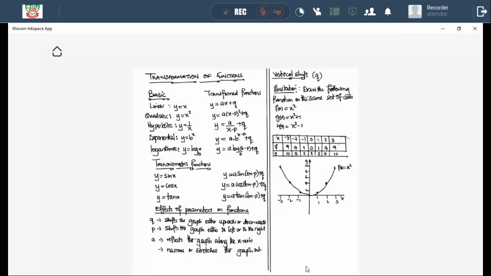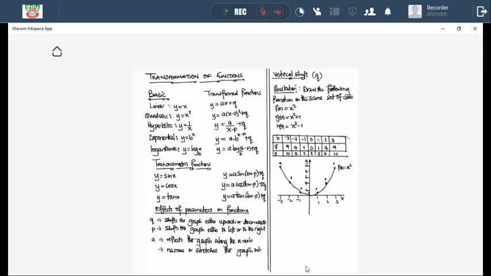I'll also come to my sketch, negative 3 and 10. There you go. Negative 2 and 5, you can see, right? Negative 1 and 2, you can all see that. 0 and 1, it will go there, then 2, then 5, then 10.